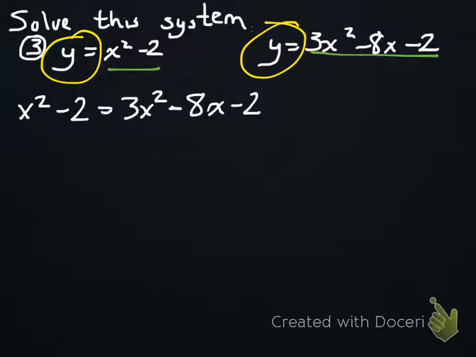Which side do I want to move all my terms to? Left hand or right? Right. Why? Because that's the biggest x squared. By moving it to the side with the biggest x squared, it's just making it to where you're not having problems later on. Make sure to line up under like terms.